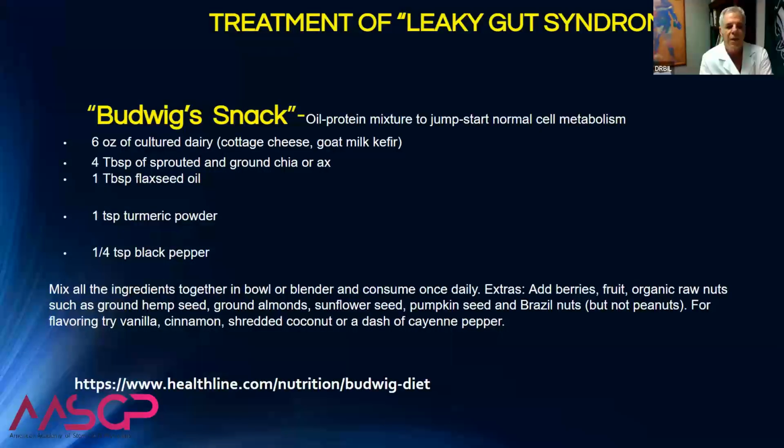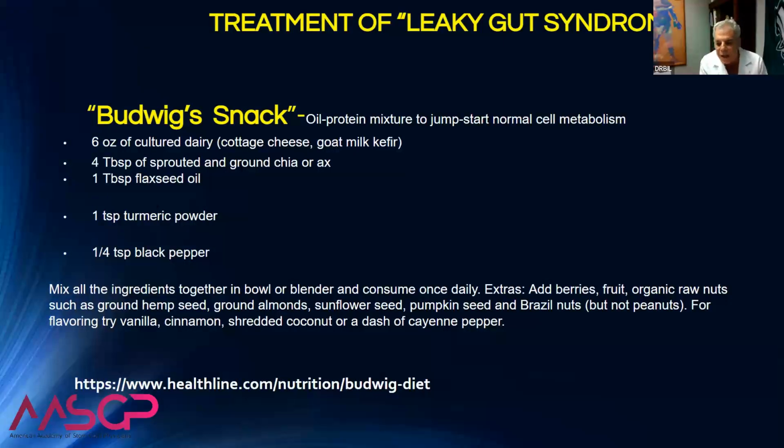I found this. This was a quote unquote snack, which was written about in the early 1950s by the West German Minister of Health. Her name was Joanna Budwig, and she took oil, usually olive oil, and she mixed it with sprouts and chia seeds and some dairy, either cottage cheese or goat's milk, kefir, and some flaxseed oil, turmeric, and black pepper, and mixed them all together.